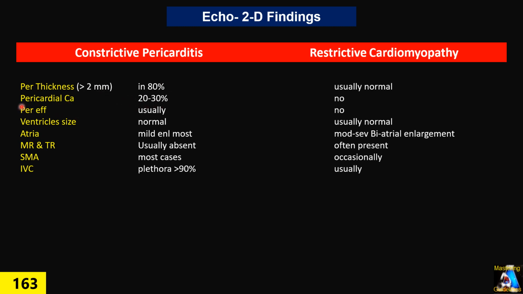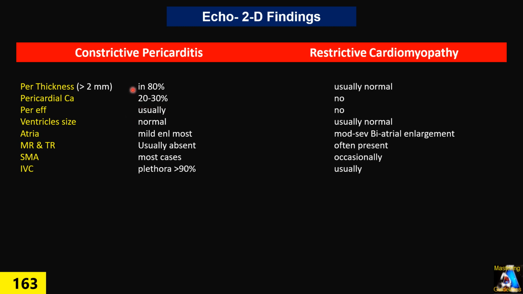But the diagnosis of pericardial calcification is usually done by chest X-ray or CT scan. In restrictive cardiomyopathy, usually we don't have calcification. Pericardial effusion: usually we can see some degree in constrictive, but in restrictive we usually don't have it.